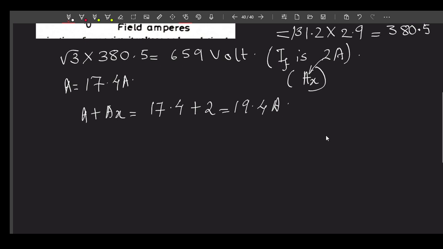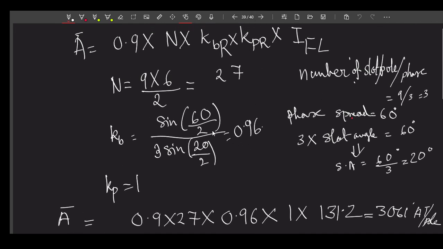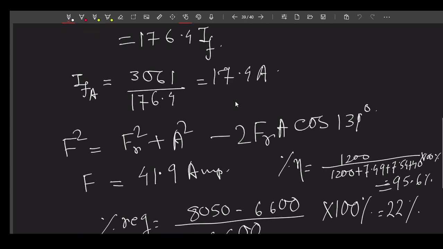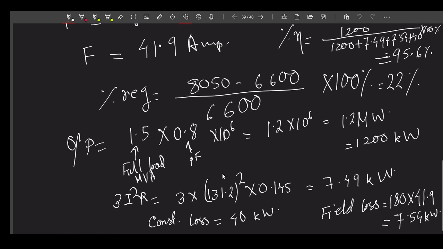Now if this is 19.4 ampere, we need to figure out the value of MMF corresponding to 6600 volt. So 6600 volt, I think that was also somewhere here. Okay, nowhere.